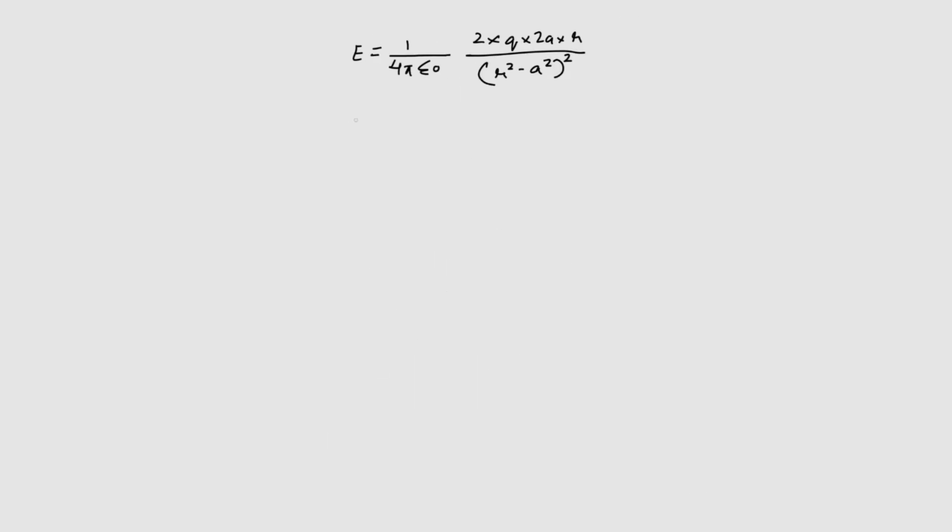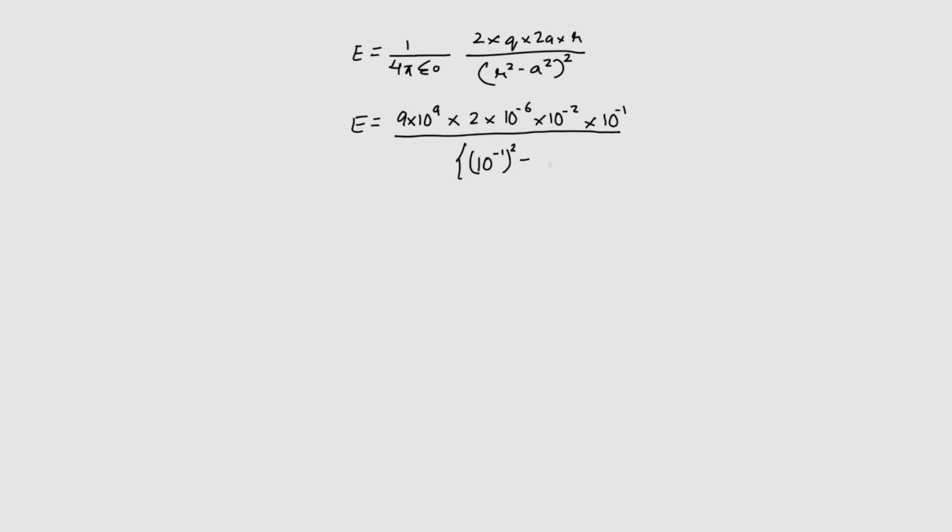Okay, so therefore E is equal to 9 into 10 to the power 9, into 2, into Q, which is 10 to the power minus 6, into 2A, which is 10 to the power minus 2, into R, which is 10 to the power minus 1, divided by R square. What is the value of R? R is 10 to the power minus 1, and for the square, what is A?